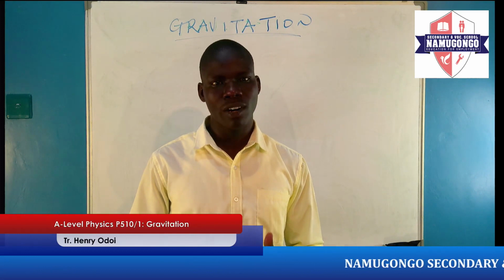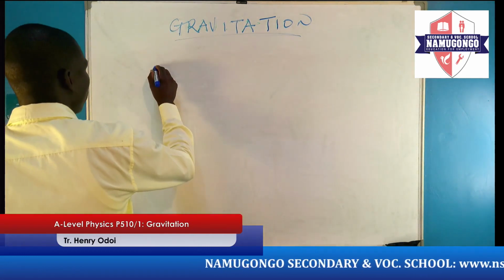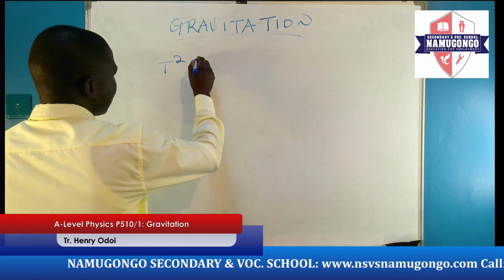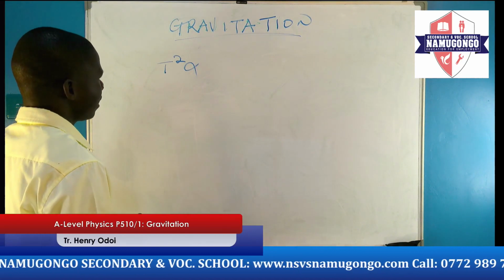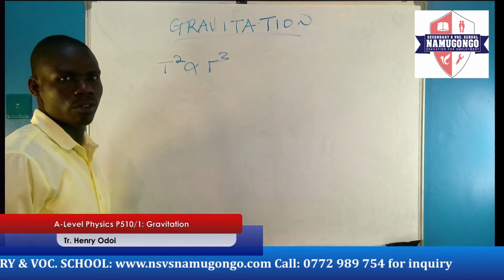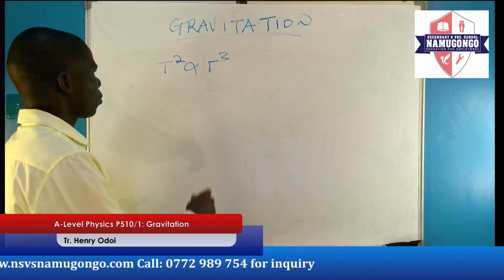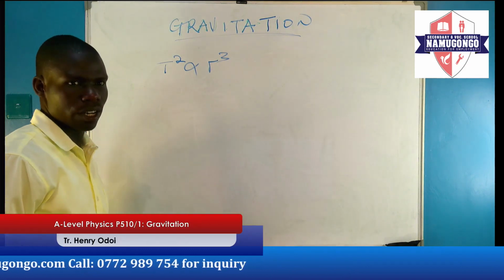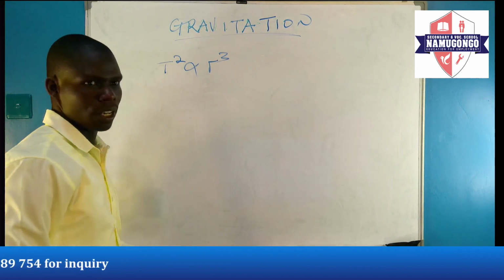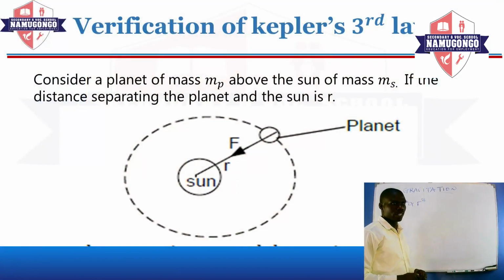Kepler's third law states that the square of the period of revolution of the planet around the sun is directly proportional to the cube of the mean distance between the planet and the sun. So this is what we are going to verify, and like I've said, we can verify this using Newton's law of gravitation.